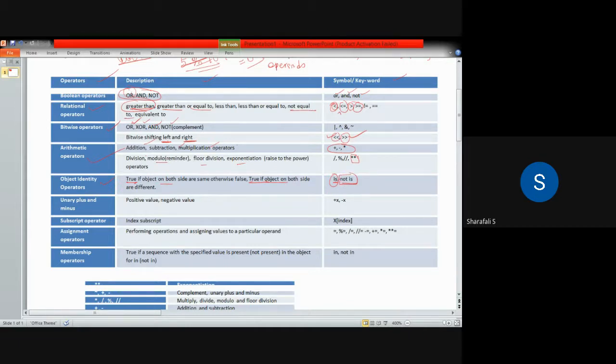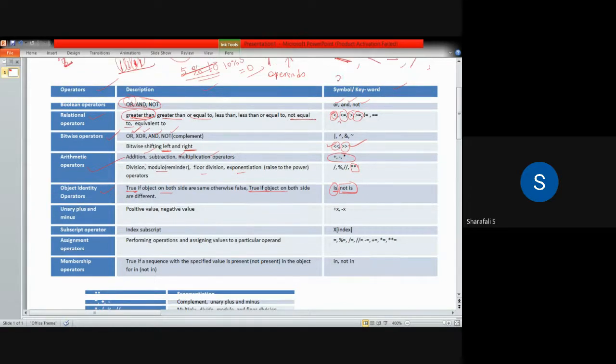So for example, I will explain this while doing the program. If you have objects which are the same on both sides, let's say I write something like x is x.